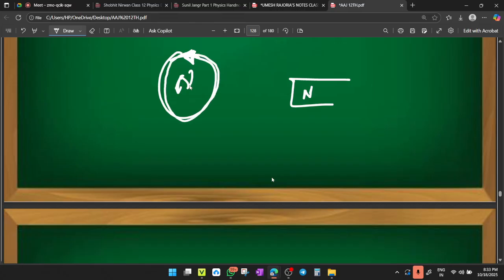So it will make a dipole. The front part of the dipole that is facing towards the magnet will be a north pole, right? We have learned in chapter number 5 that a current carrying loop behaves like a magnetic dipole. Yes or no? And if the current is flowing in the anti-clockwise direction, this pole becomes north and the pole behind becomes south. Yes or no? So current will develop in the anti-clockwise direction.